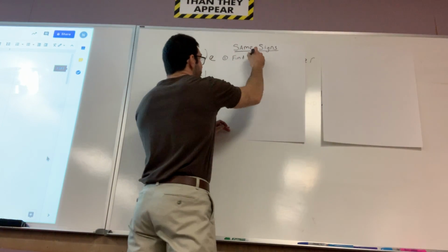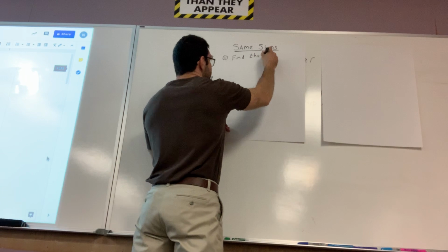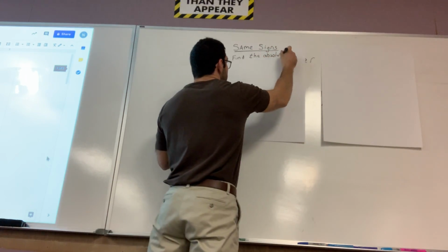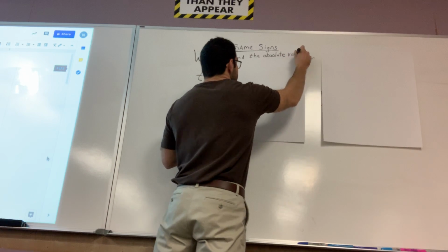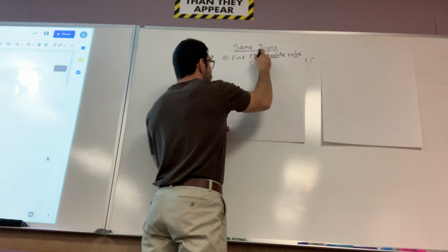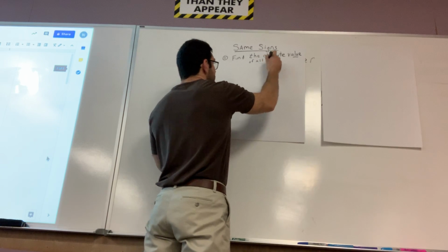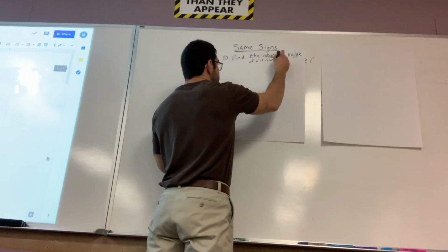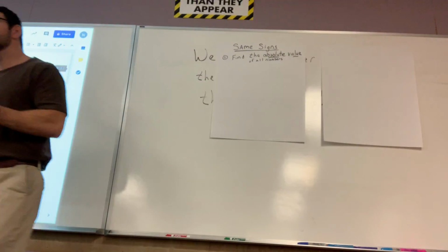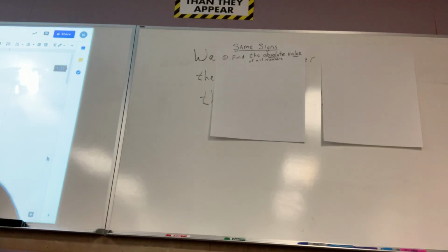Find the absolute value, and then it's going to get a little smaller, of all numbers. Okay? So we're going to always find the absolute value. The absolute value is important for this. Ava, great job knowing that.